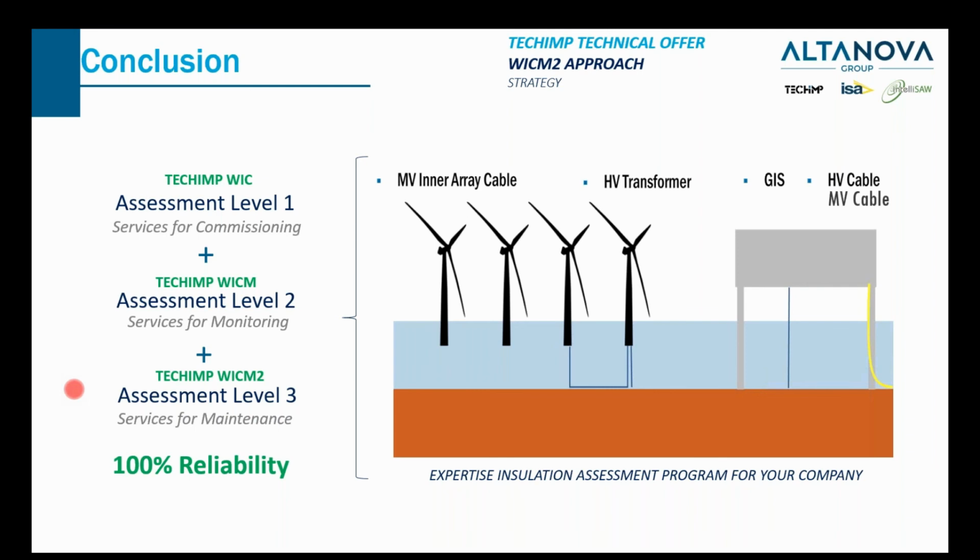And in the application to wind farms, we provide 3 levels of service: assessment, commissioning and monitoring, and maintenance, to ensure that we can do the assessment for each individual power apparatus for the wind farms and to ensure great reliability and good performance for your wind farm apparatus.